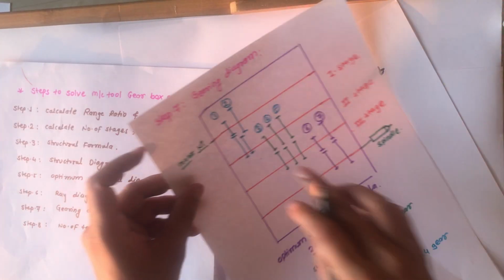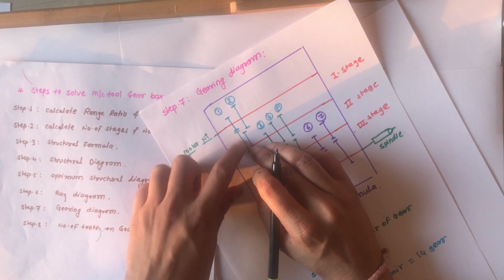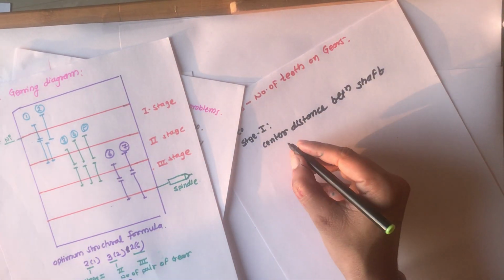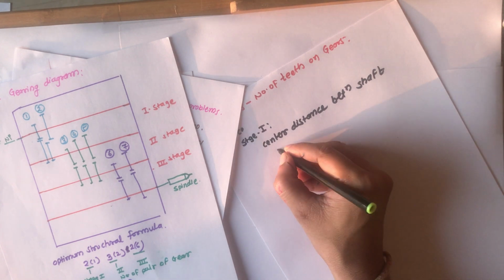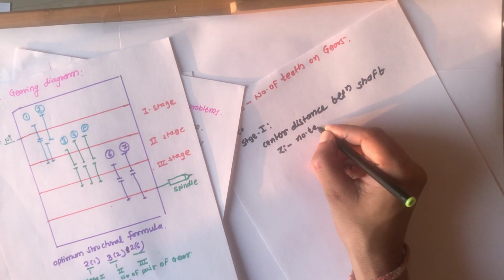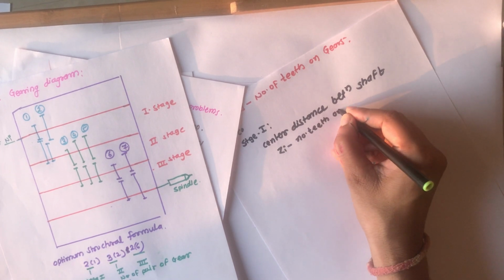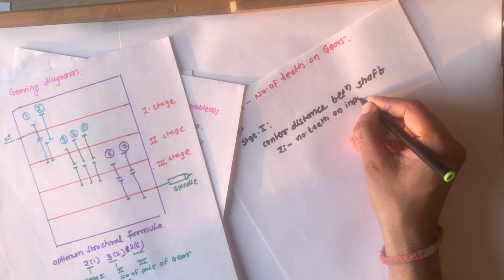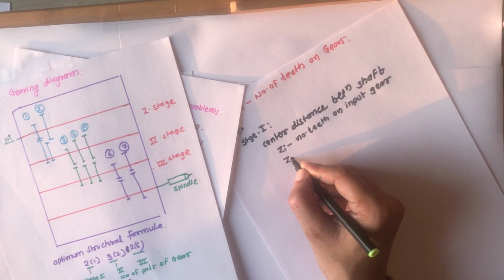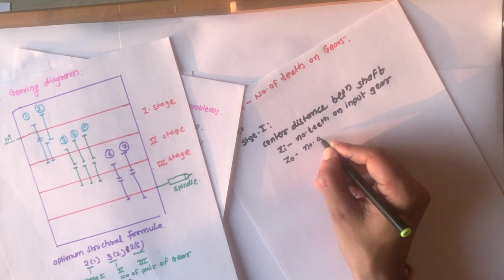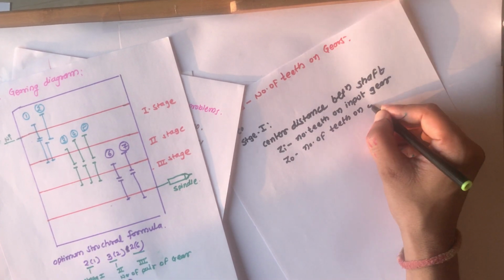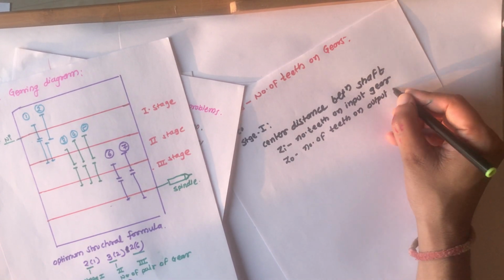First there will be an input gear and an output gear. Now we will consider ZI, the number of teeth on the input gear, and ZO, the number of teeth on the output gear.